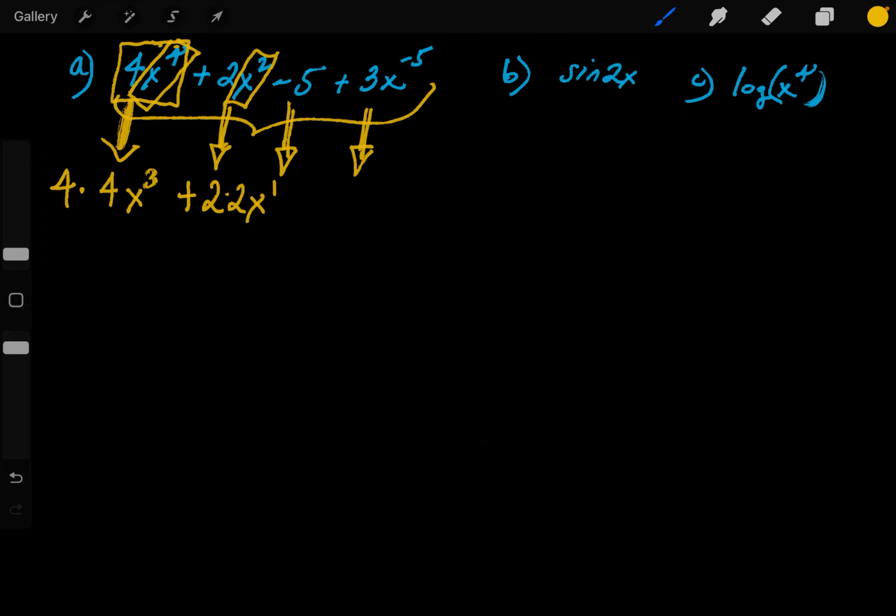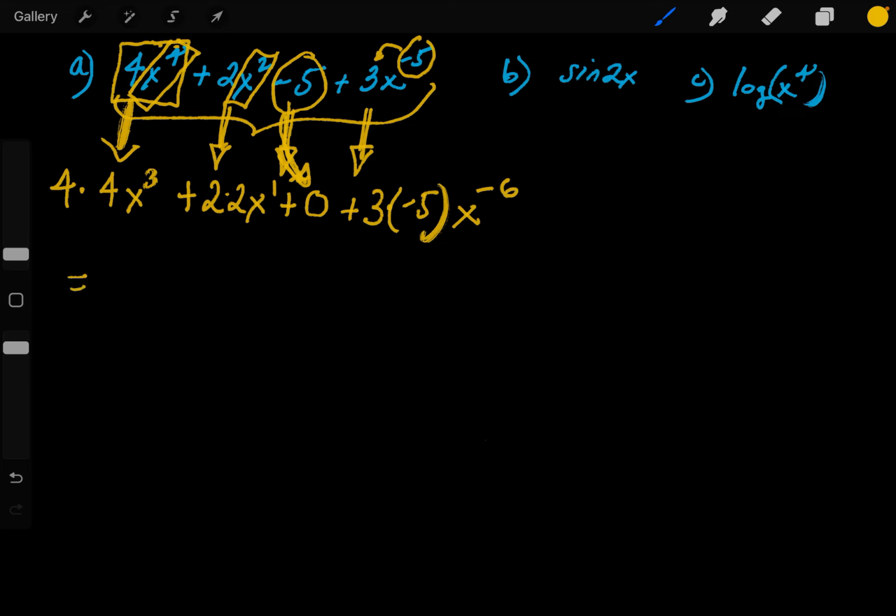The derivative of a constant is 0. Derivative of -5 or 5 is 0. And then plus, again, same thing, I pull out the 3, times the -5 comes down, times -5. And then the exponent is diminished by 1, that makes it -6.